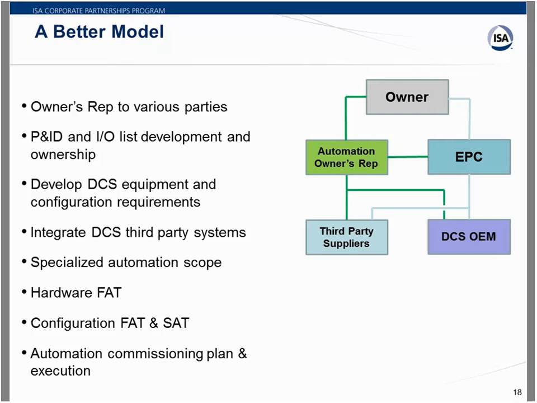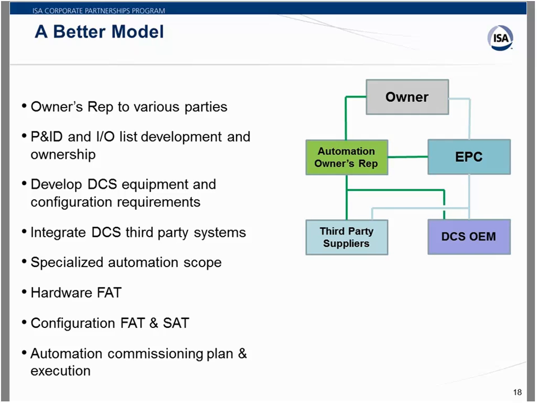the automation system. Hardware FAT makes a lot of sense for that automation owner's rep to participate in that. They develop the equipment requirements, so certainly you would want them to sit in and make sure the equipment met those requirements. And again, serve on behalf of the owner that the best interests of the owner are being looked out for.